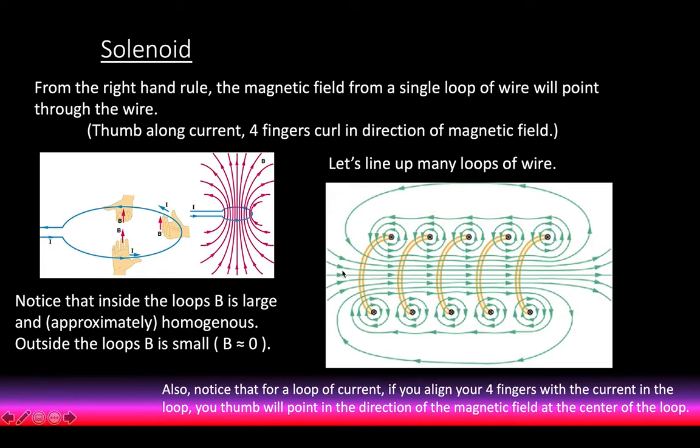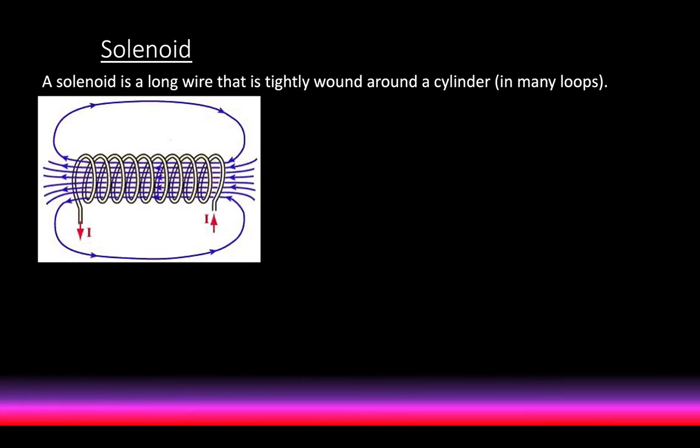But another way you could do it is you could say if you have a curly part, that curly part will be your four fingers and the straight part will be your thumb. And the curly part could be the magnetic field, like a long straight wire, or the curly part could be the current, like the case of a solenoid. So a solenoid fundamentally is just a wire that is coiled and essentially wrapped around a cylinder.